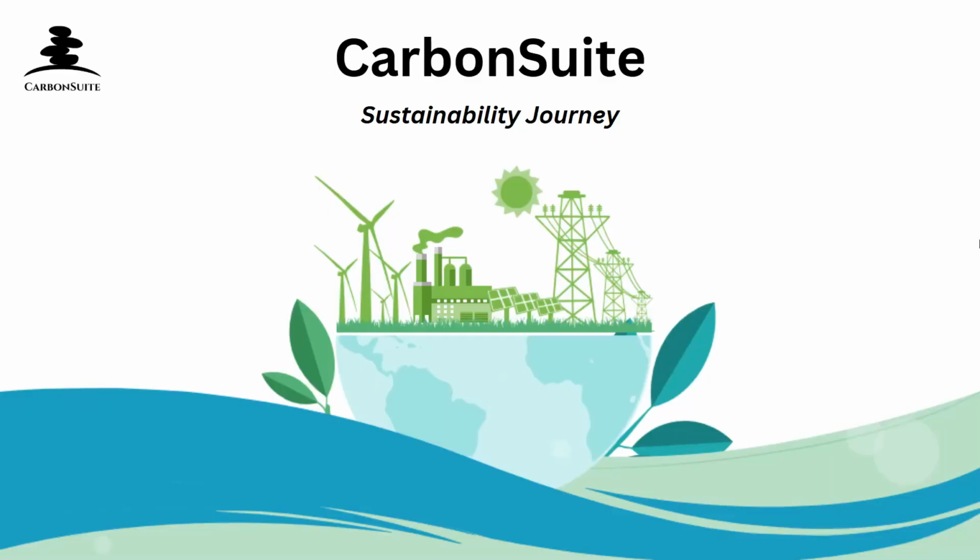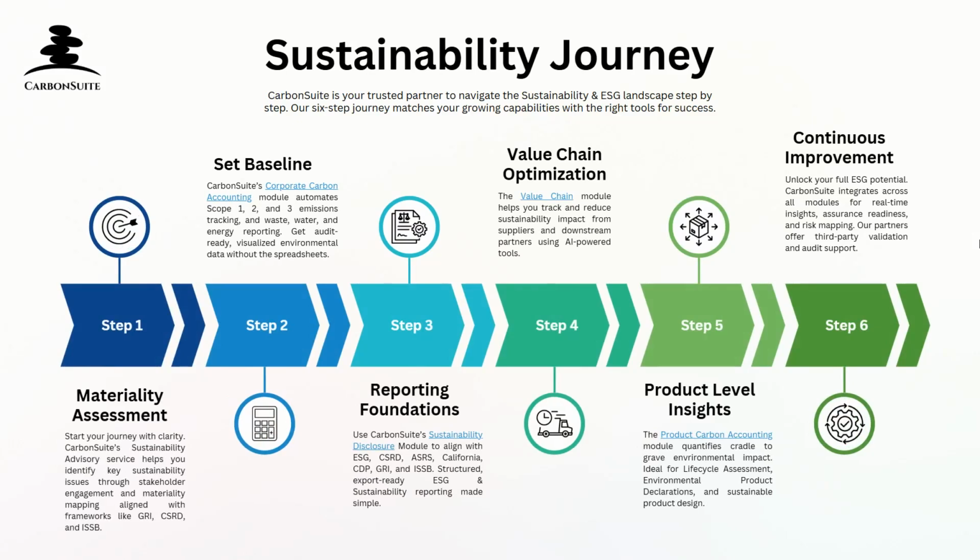So our sustainability journey, what does that mean, and what are the different stages throughout the CarbonSuite process? We categorize the sustainability journey into really 6 steps or 6 stages based on the amount of data that's available, where you're at in your own digital transformation process, and things like that.